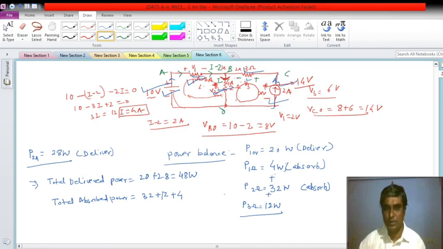So it is again 48 watt, right? So it is saying that the total delivered power is 48 watt and the absorbed power is also 48 watt. So whatever power has been delivered, all the power has been consumed by the elements present in it. So it satisfies the power audit, right?